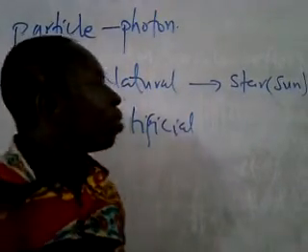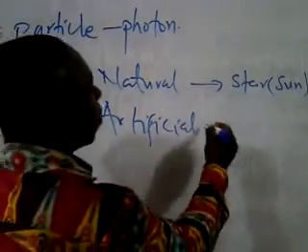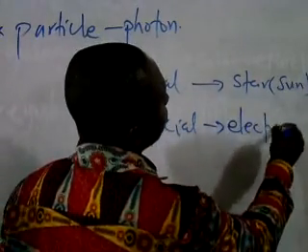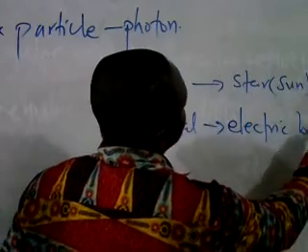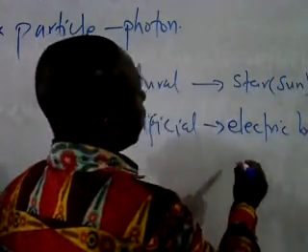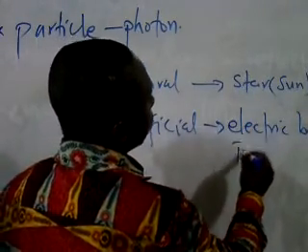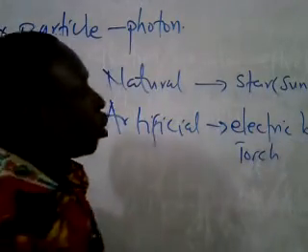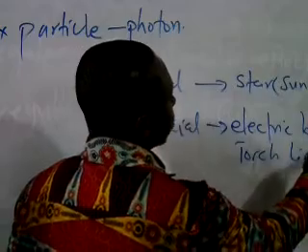An example of an artificial source of light is an electric bulb, and then torch light or flashlight.